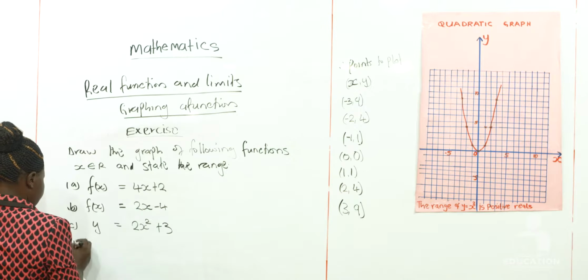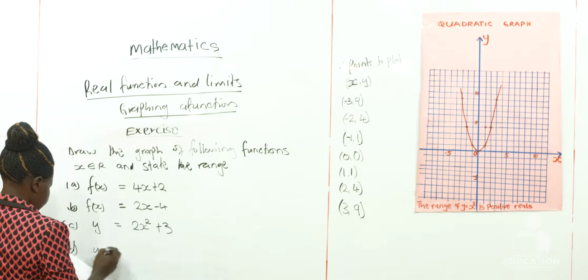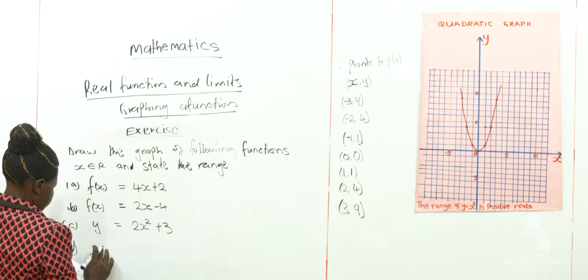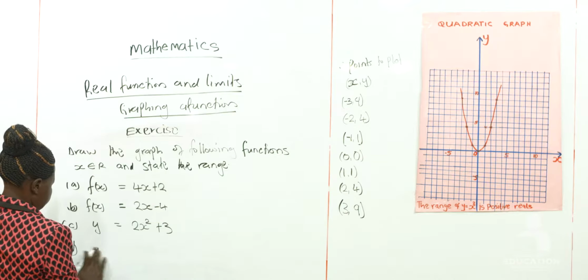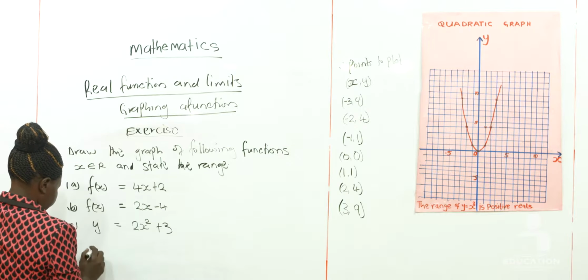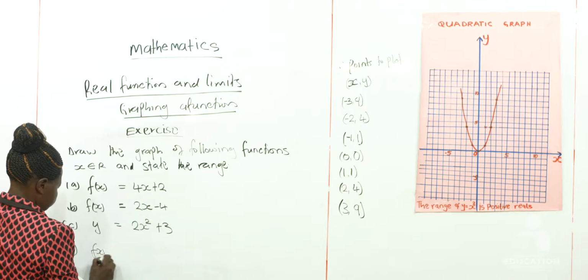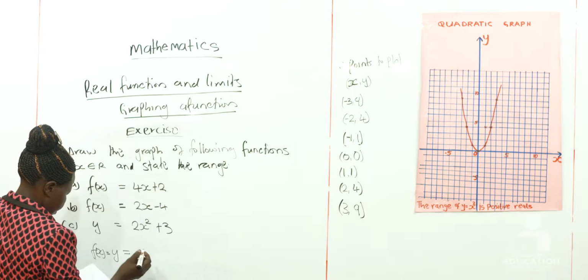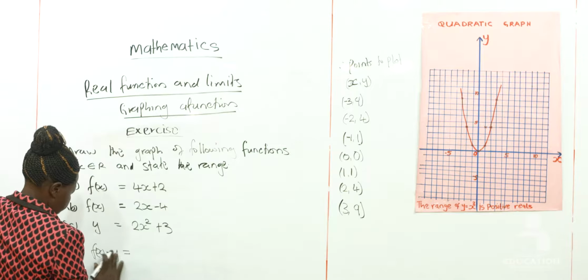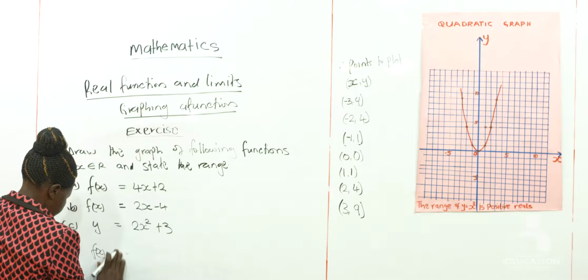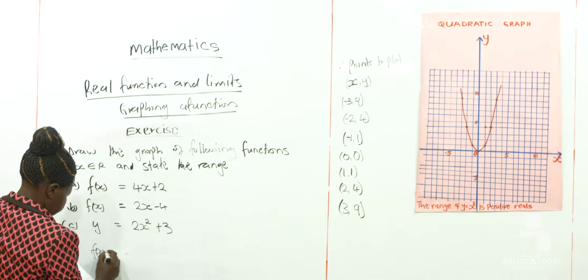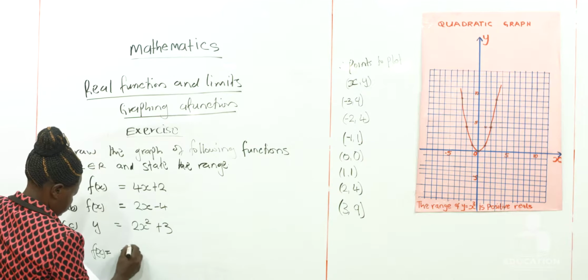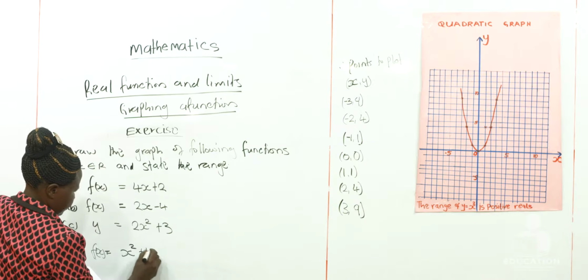And lastly we have the function y equals x squared plus 4x.